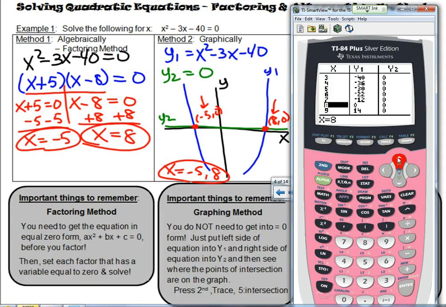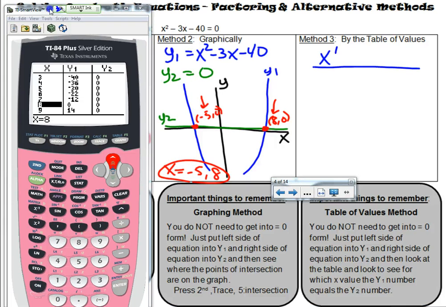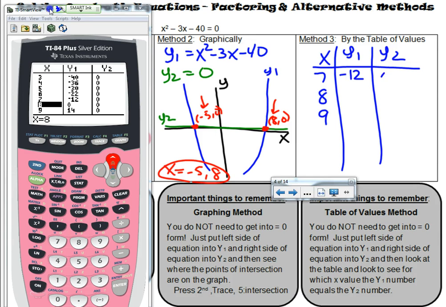Now, I don't have to sit here and make an entire table connecting the two answers. I just have to make sure I show around 6 values in my table. So if 8 is an answer, I may want to show 7, 8, and 9 rows. And there's my one answer.